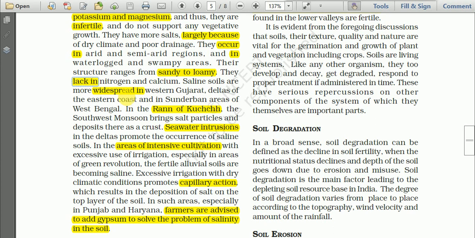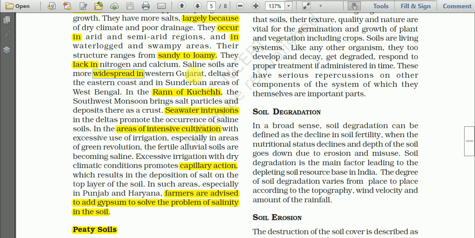And saline soils are more widespread in western Gujarat, the deltas of the eastern coast, and the Sundarbans of West Bengal. In the Rann of Kutch, the southwest monsoon brings salt particles and deposits them there as a crust.